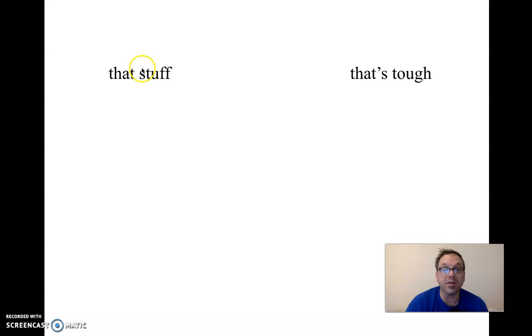The S, however, is that stuff, or even possibly the ST together you might hear a lot stronger. Over here, right, it's the opposite, right? That's tough. Here, the T sound, right, on the beginning of this word is stronger than the S is here. That's tough. Look at the examples.